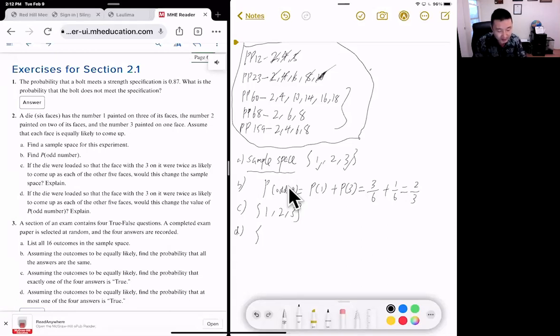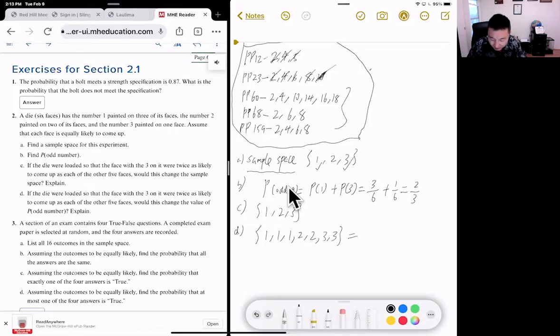Let's list the equally likely outcomes. Because for 1, we have 3 faces as number 1, so we will list 3 ones here. And we also have 2, number 2, so we have 2 here. We only have 1 number 3. However, the question tells us as the other faces, so we just put 2, 3 here.